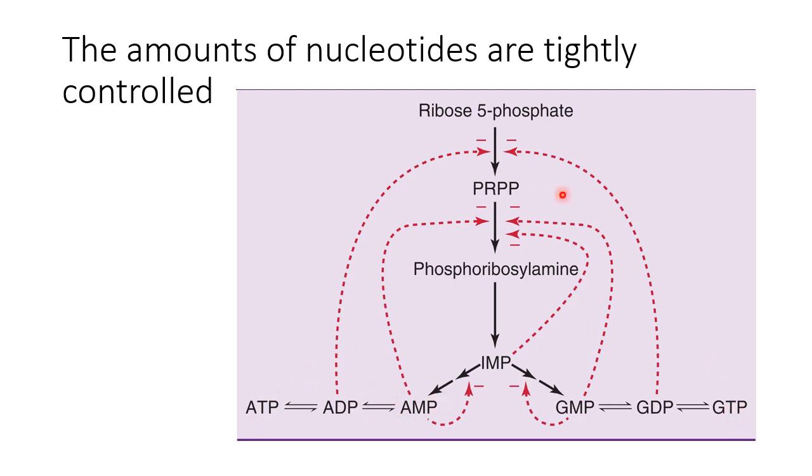This diagram tells us that if we have already synthesized ADP and GDP, they will both slow down the production of PRPP, phosphoribosyl pyrophosphate, which in essence will also slow down the synthesis of the end products. So this is negative feedback, which keeps the levels of ATP and GTP in constant amounts, not too much, not too little.